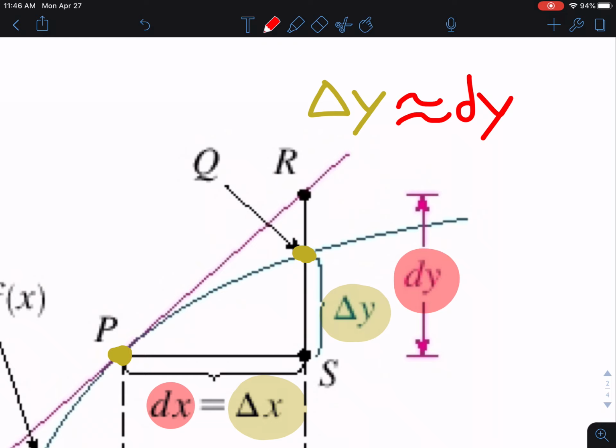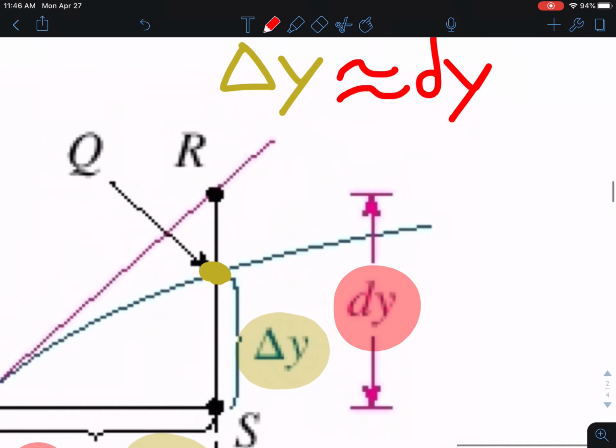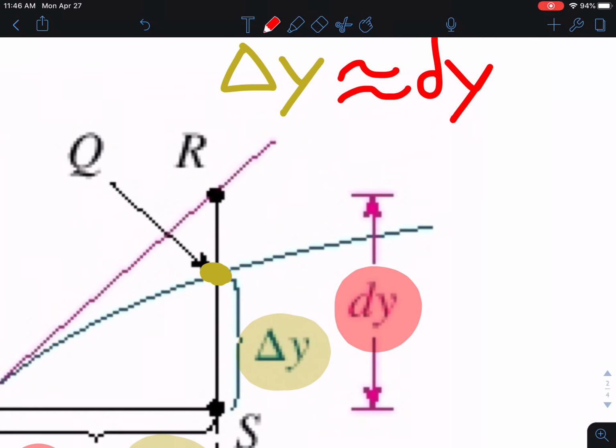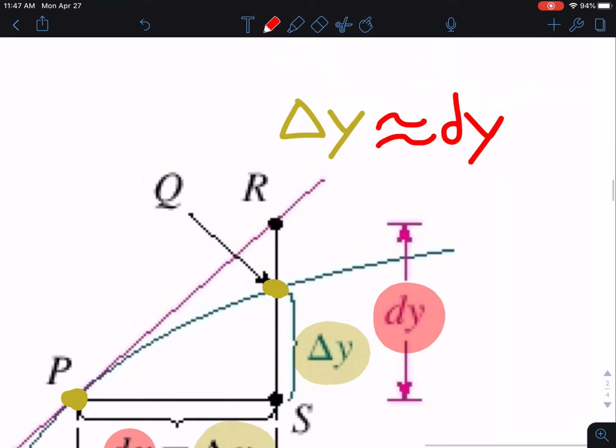Okay, these are approximations of each other. All right. So again, what we're talking about here is what could we have done with a tangent line before we had electricity? What was an application of a derivative, of finding a tangent line, right? And one thing you can do is approximate the change in the y value without actually having to calculate two y values and subtracting them. Okay, so that's exactly what we're going to look at here.